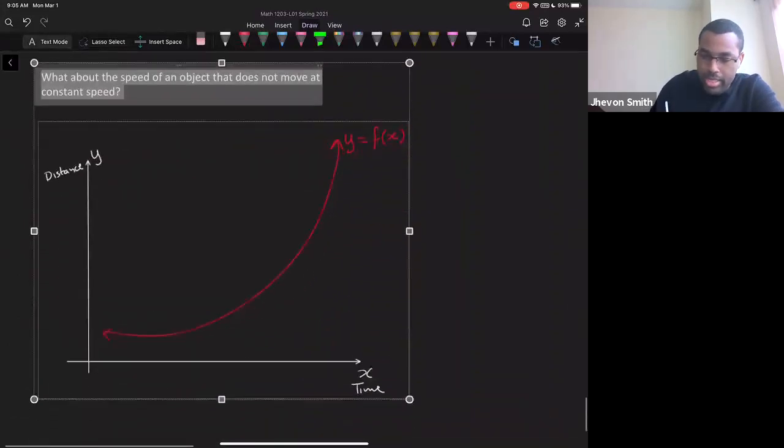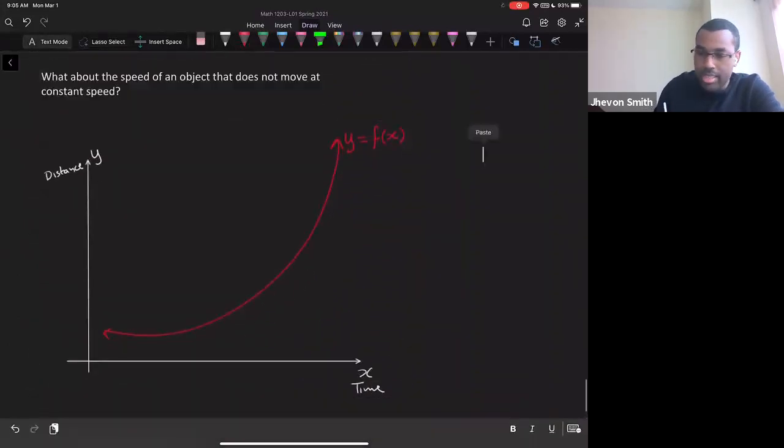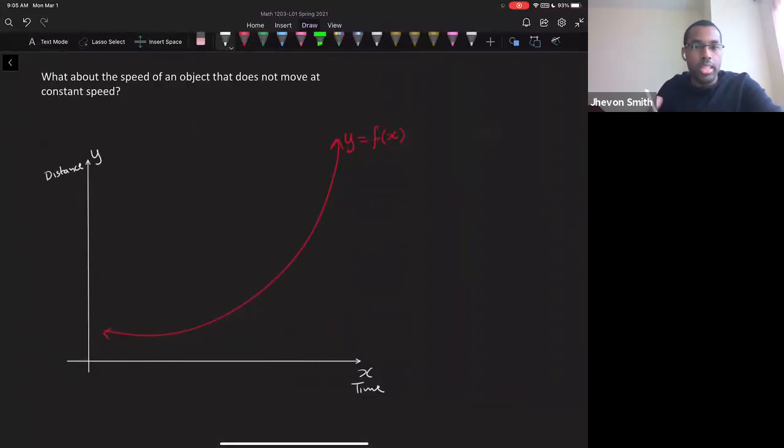Now, I'm not saying every object is going to have a curve like this when you track distance over time, but this is just an example, right? So here's a different object. It's not a straight line anymore. So what do we do now? Obviously the speed isn't always the same. So now you can note that speed isn't always the same.